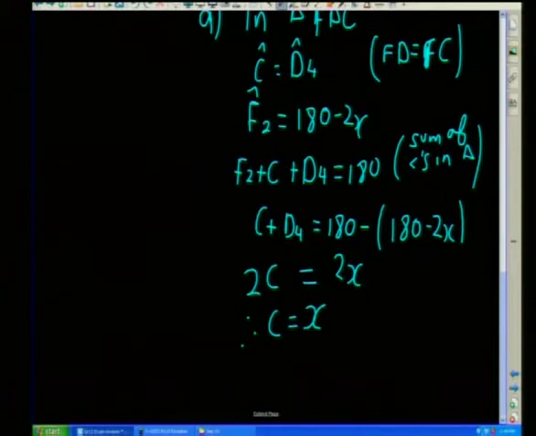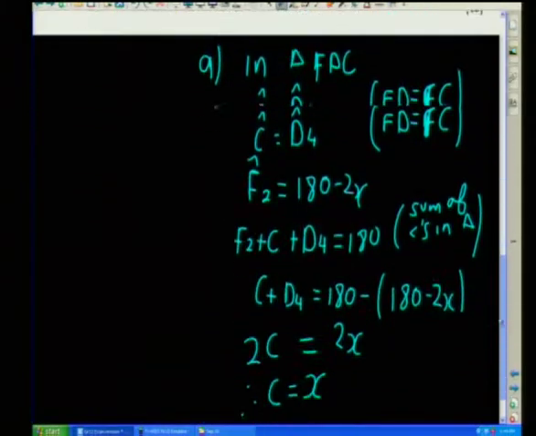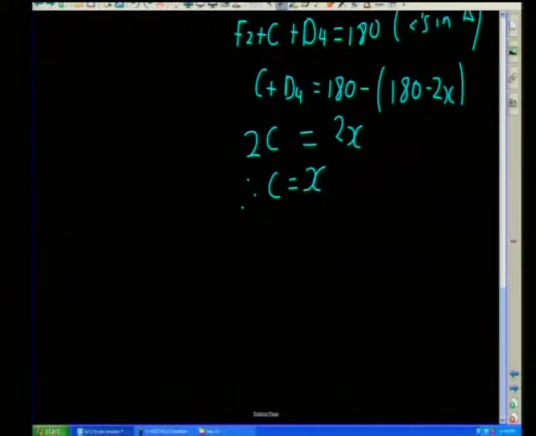All right, once we've got angle C as x, angle E1 is just going to be 180 minus angle C because of opposite angles of a cyclic quad.